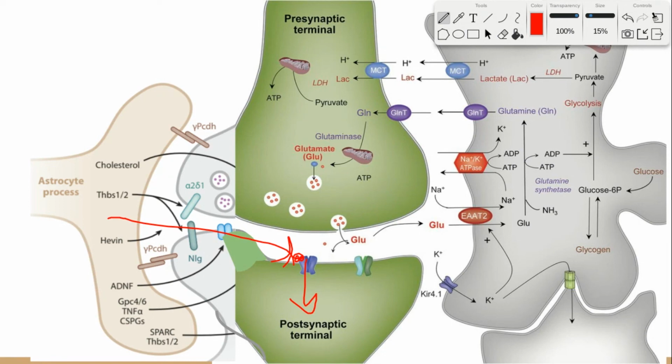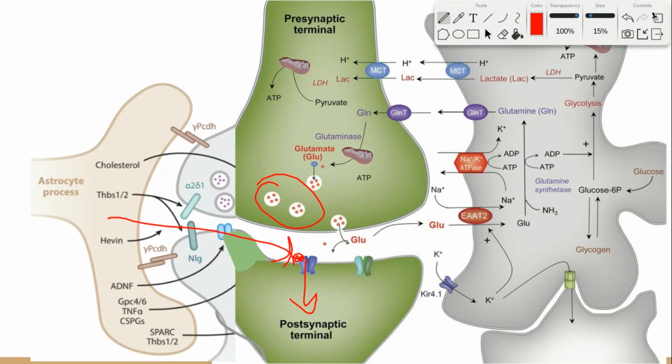And these calcium waves lead to SNARE-dependent exocytosis of vesicles containing gliotransmitters. So it sounds a lot like vesicle release in neurons, but it is distinctly different. But it does require calcium. It does require SNAREs. But other than that, not much more is known about gliotransmission.